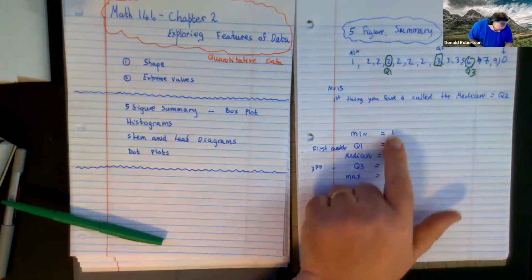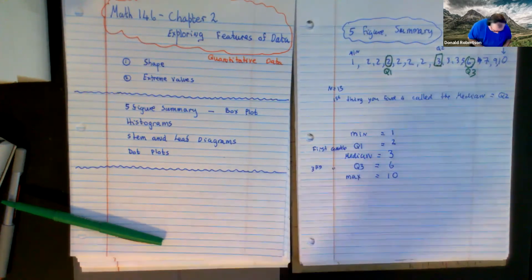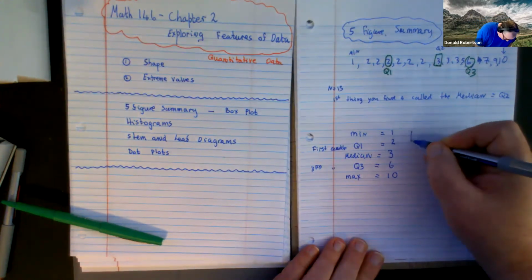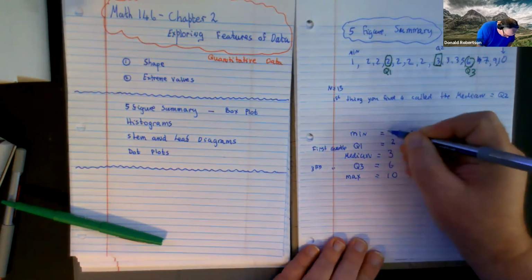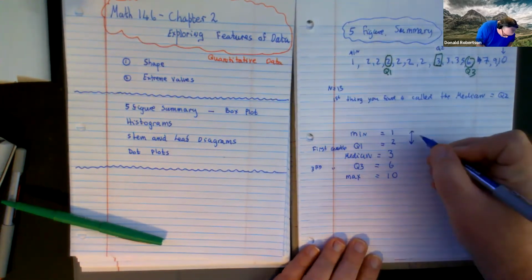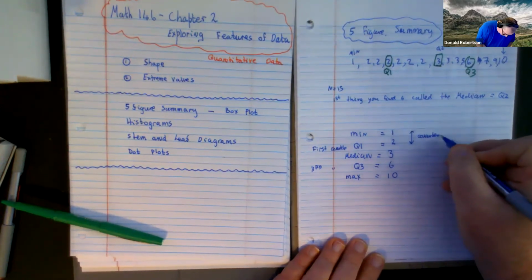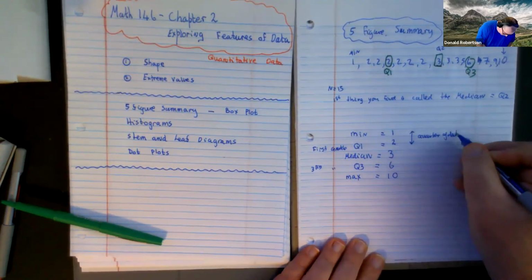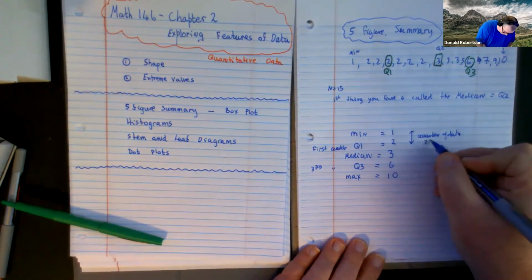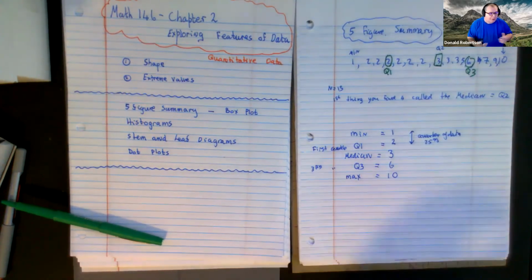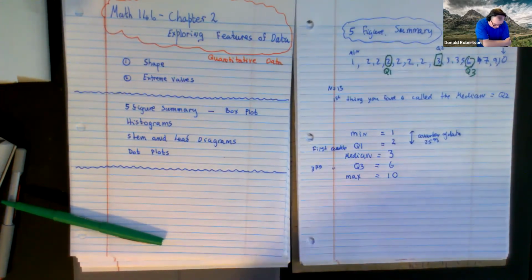Now, if you want to think about why these are called quartiles, here's the reason. If you go from the beginning, the minimum, to that guy, you have basically got a quarter of the data. 25%. So in other words, very roughly, because it's a small data set, 25% of this class have 1 or 2 people in their family.